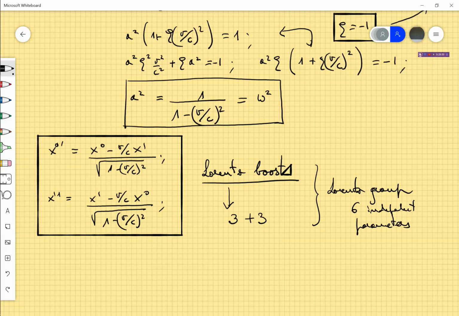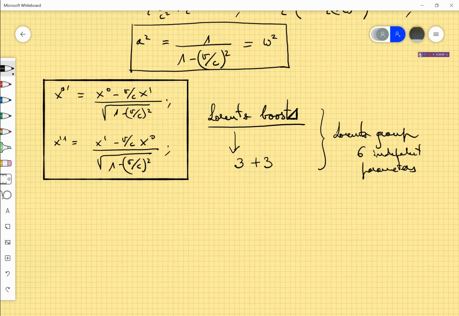Each one of them has 3 independent parameters. So you take one rotation, 3 possible rotations on this v. This gives you 3, and then you have the other 3 possible rotations to go to any other general system. So there are 6 independent parameters in the Lorentz group, 3 associated to boosts and 3 associated to spatial rotations.